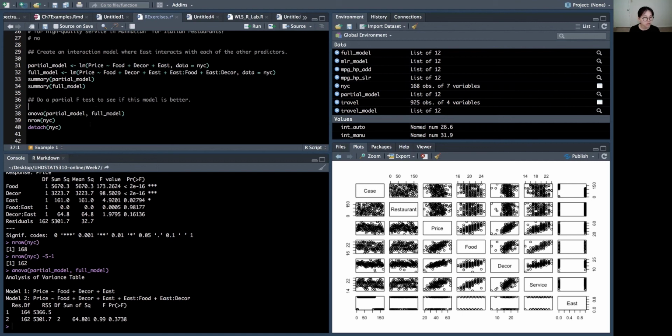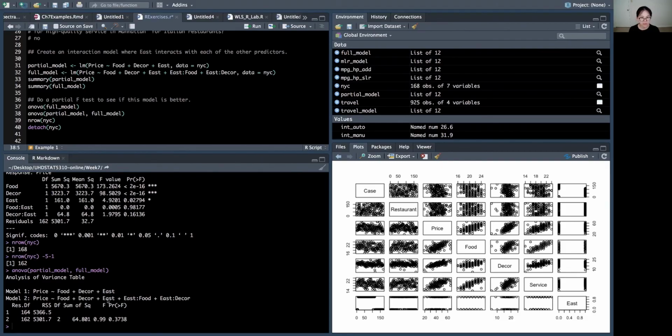I'll just leave it here, in case you need it. This is how you do a partial F-test. It will provide you the degrees of freedom and the residual sum of squares corresponding to the full model and the reduced model, and the F-test statistic as well as the p-value.